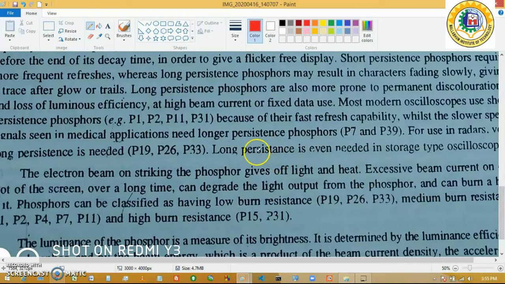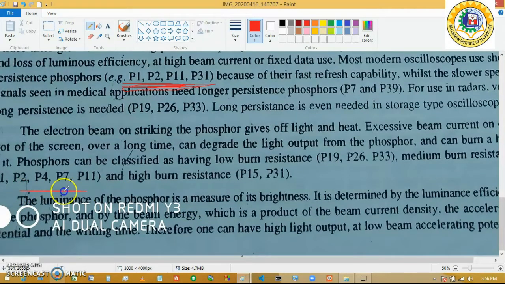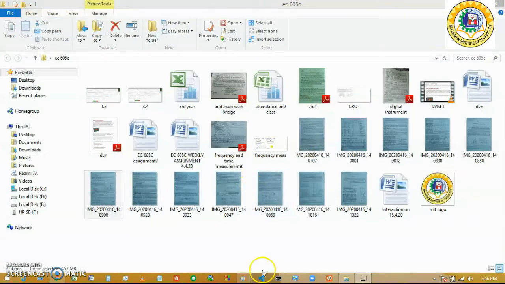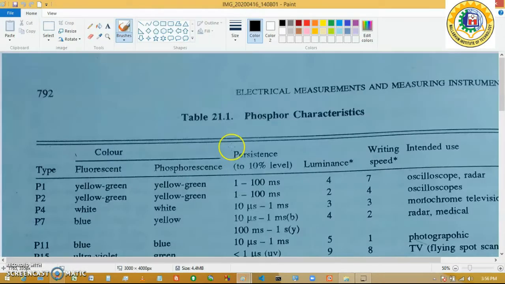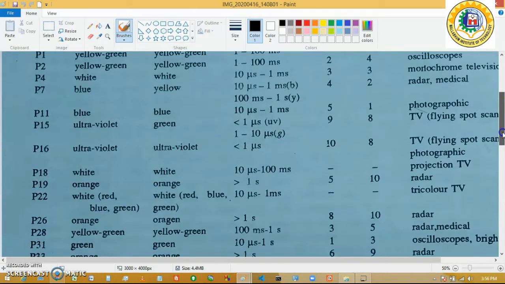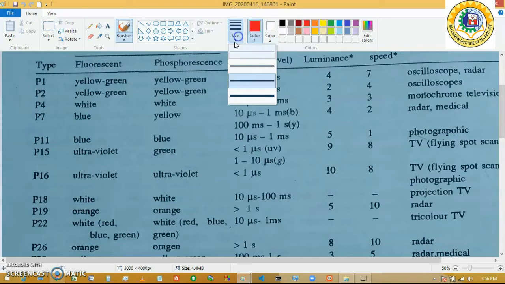Next, as you can see, different types of material, different isotopes of phosphorus, are associated with different colors, so that we get different views of the waveform. As I have told you, these different types of phosphorus isotopes are responsible for different types of color.